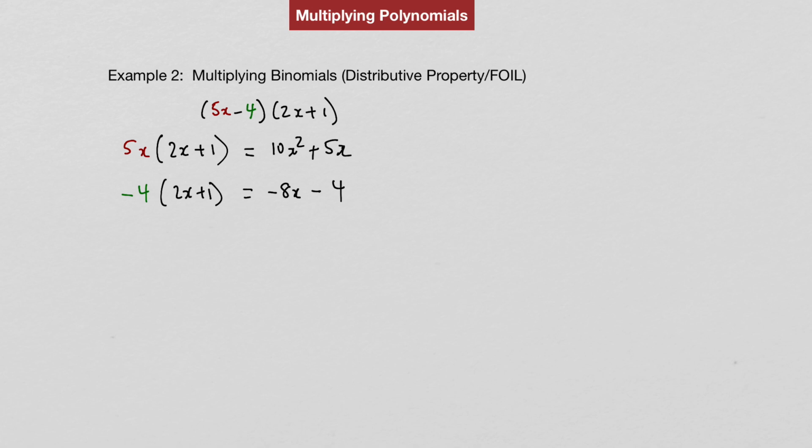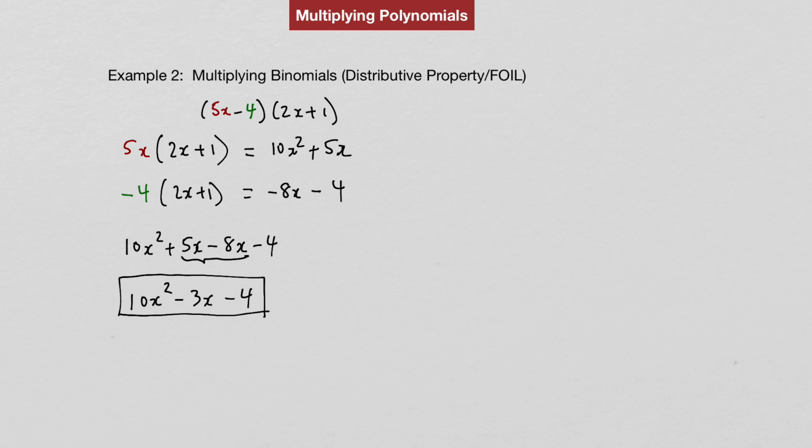If we were to put all of that together, we get 10x squared plus 5x minus 8x minus 4. We would combine these two terms because they are like terms, and we would get 10x squared minus 3x minus 4, which is exactly what we got using the table method.